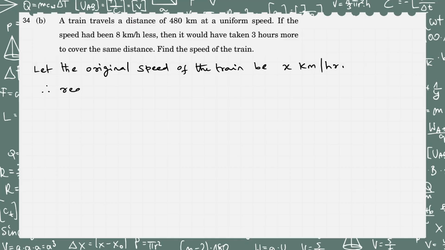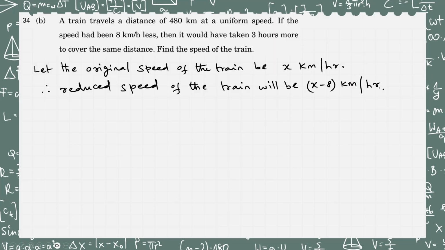Therefore, reduced speed of the train will be x minus 8 kilometers per hour. Okay, so now the total distance covered is 480 kilometer in both the scenarios. Now let us take the case number 1.